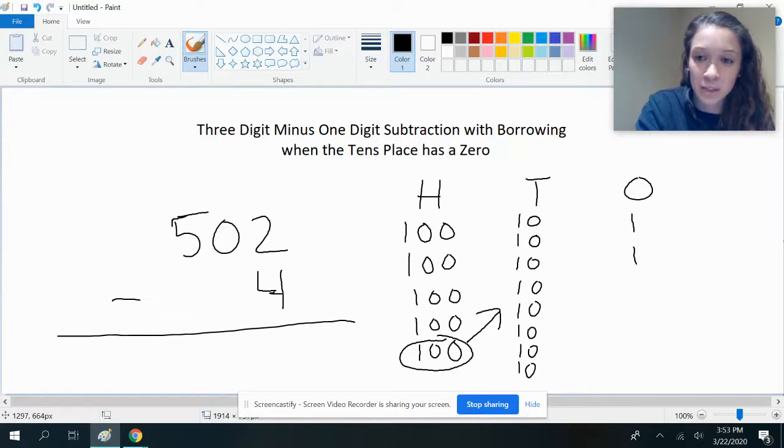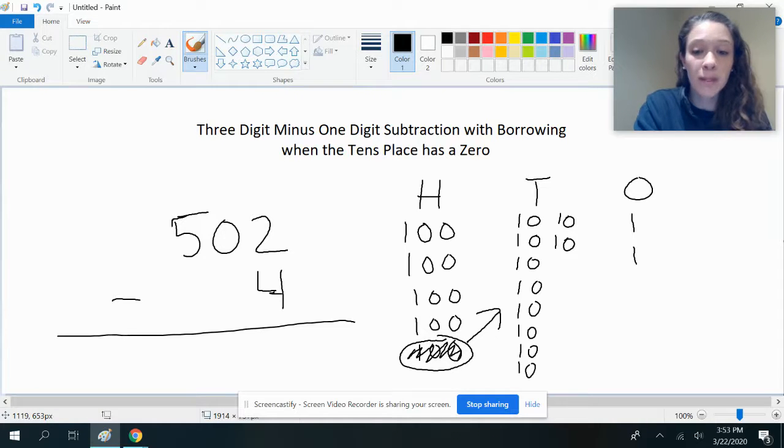I don't have enough room, so I'm just going to write them up here. 9, 10. Okay, and I can check to make sure that was 100 by just counting by tens again. So I'll just go 10, 20, 30, 40, 50, 60, 70, 80, 90, 100. So 10 tens was 100. So I'll cross out that 100 because now I have brought it from the hundreds to the tens.